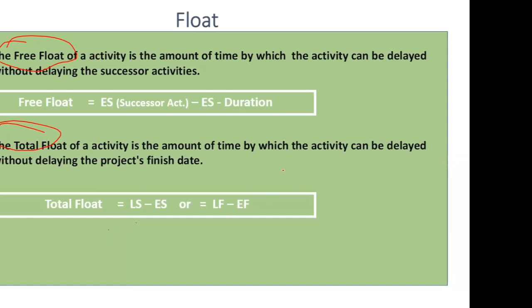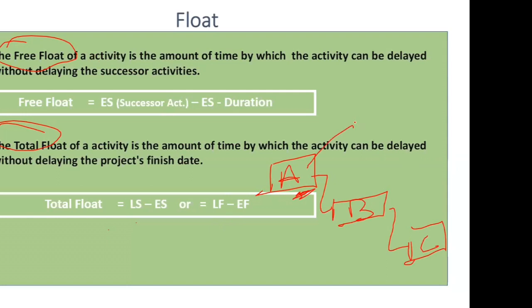Now, try to understand in a simple way. You have these activities. This is your first activity A, and then you have the successor of this A, B, and then you have the successor of this activity as C. You only have these three activities in your project. Now, if I would say that this A activity has 5 days as free float, that means if you delay this A activity 5 days, this is the free float, guys.